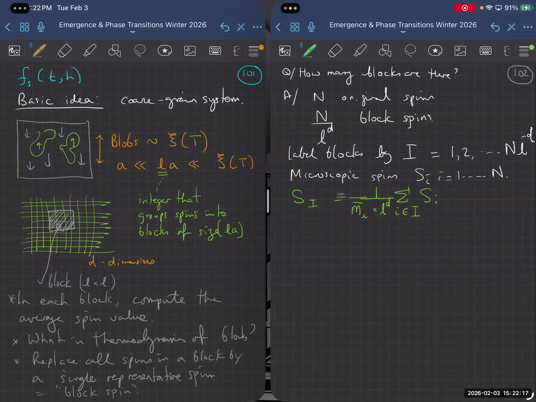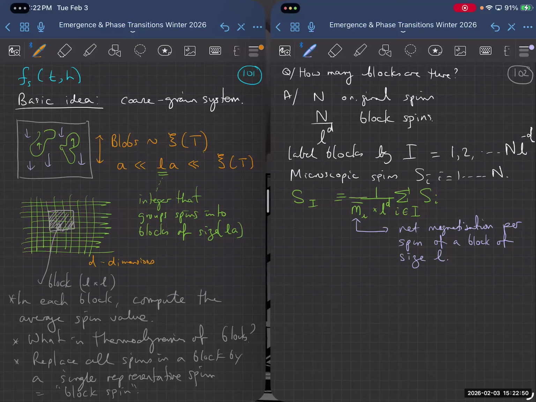Okay, so that's how I'm going to define this. And so this quantity over here is, if you like, the net magnetization per spin of a block of size L.